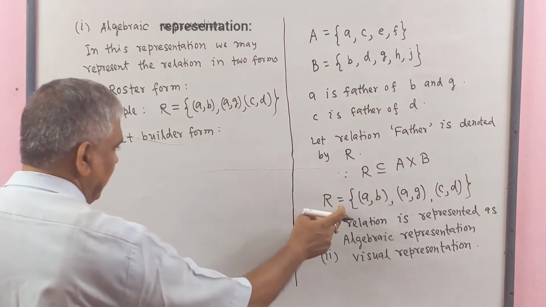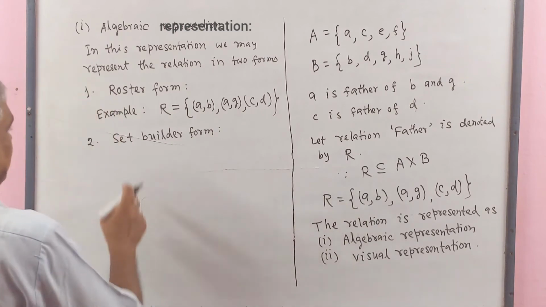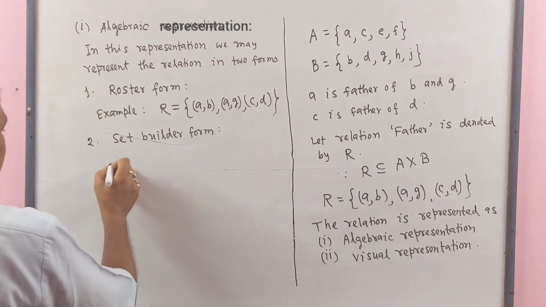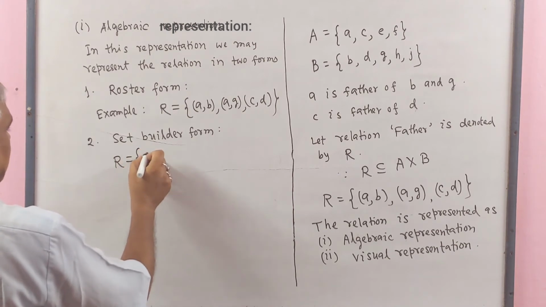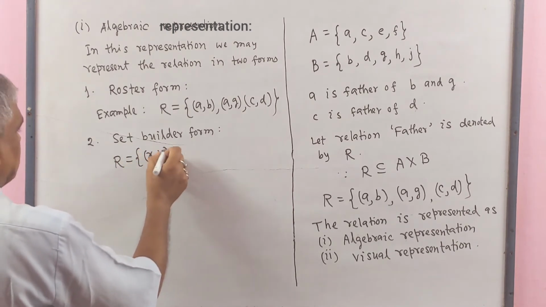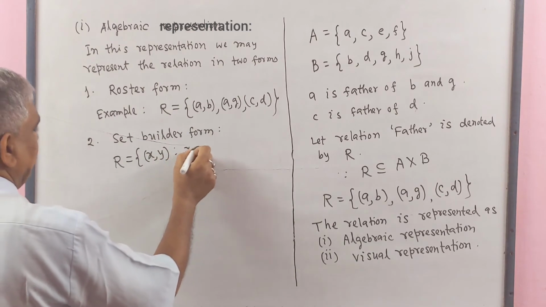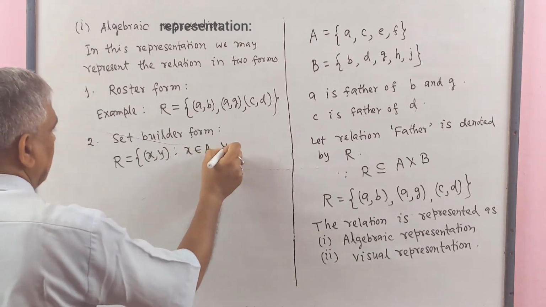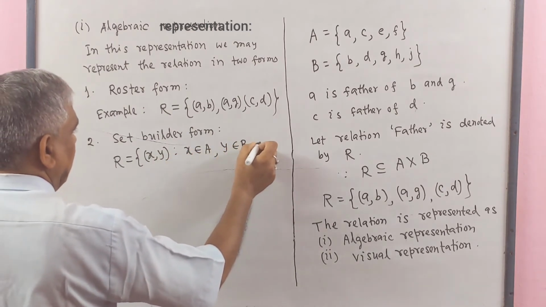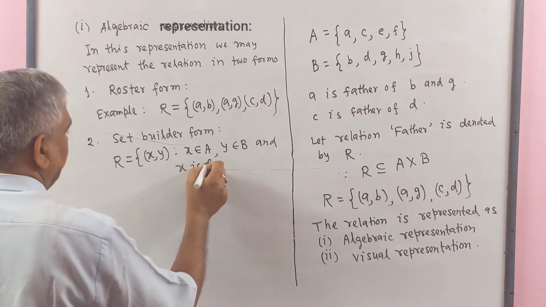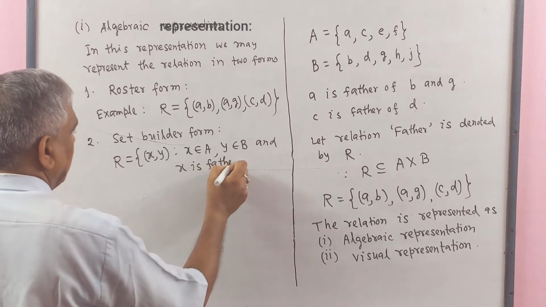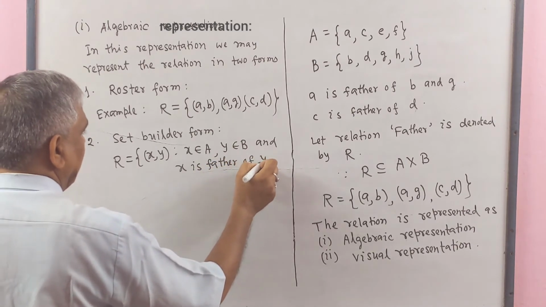This relation R is represented in set builder form as R is a set containing ordered pair xy such that x belongs to A, y belongs to B, and x is father of y.